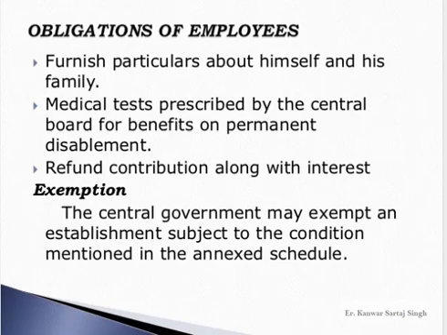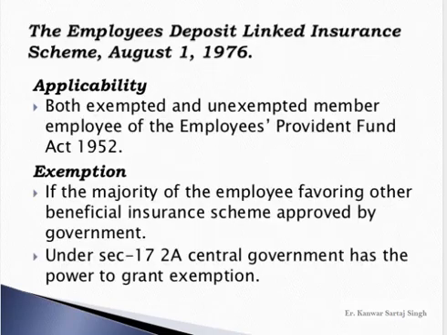Now we will study the exemption. The central government may exempt an establishment subject to the conditions mentioned in the annexed schedule. Now the next thing is the Employees Deposit Linked Insurance Scheme, August 1976.